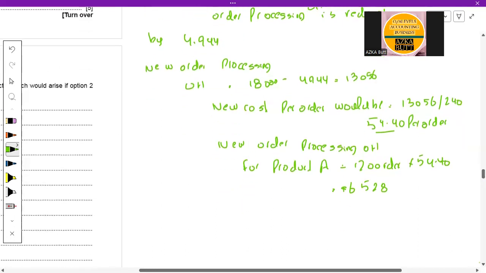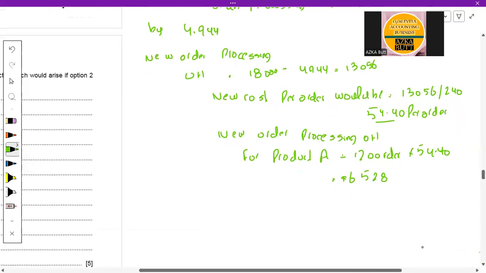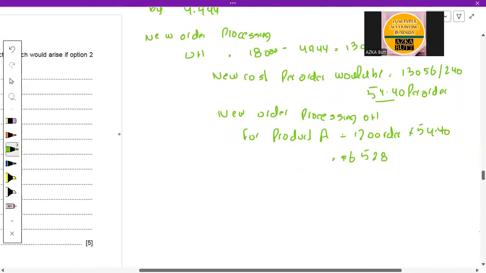So there are no changes mentioned for labor, other overheads or inspection, so the remaining cost will stay the same. Okay, so it means that direct labor cost per unit is not changed. Direct labor cost was equal to $99, which is no change.